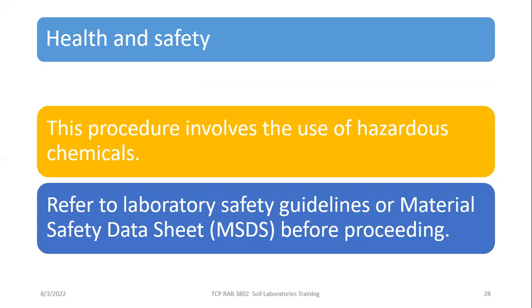In this procedure, health and safety: the procedure involves the use of hazardous chemicals. Therefore, you have to refer to laboratory safety guidelines or the material safety data sheet before proceeding.